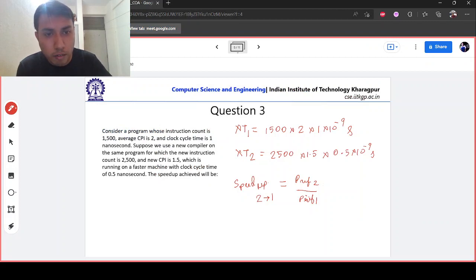So what is the performance of 2? Performance of 2 will be 1 by xt2, and performance of 1 will be 1 by xt1.